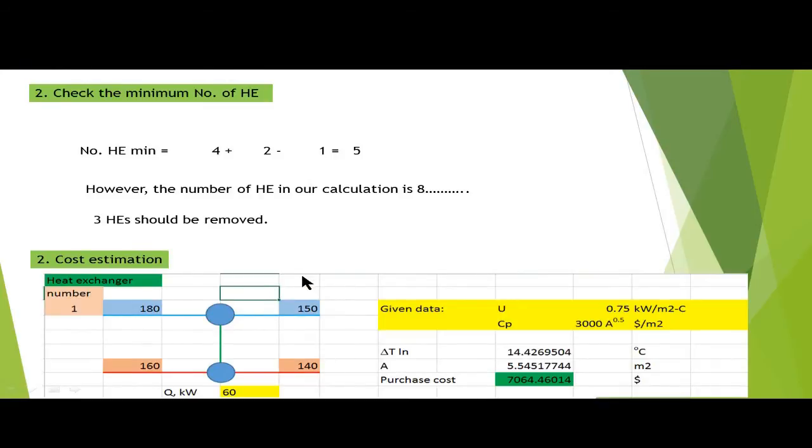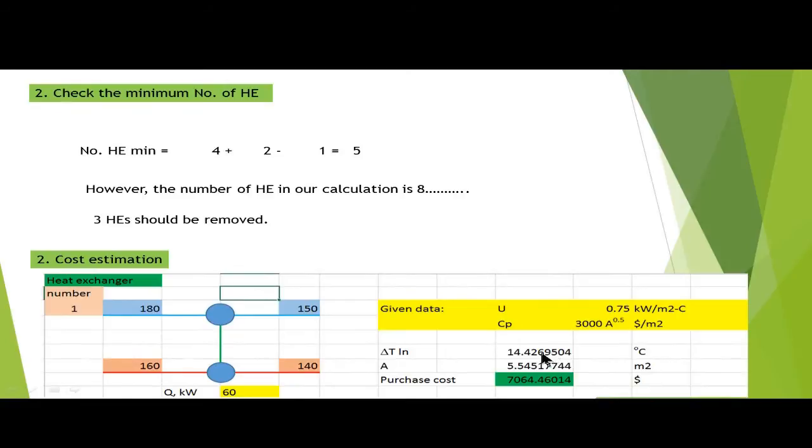In this case, I already have this spreadsheet that I will show you later. Let me explain this first. The first heat exchanger has a heating load of 60 kilowatt, and we have the inlet and outlet of the hot stream and the inlet and outlet of the cold stream, and according to the overall heat transfer coefficient, the capital cost of the heat exchanger is based on this.